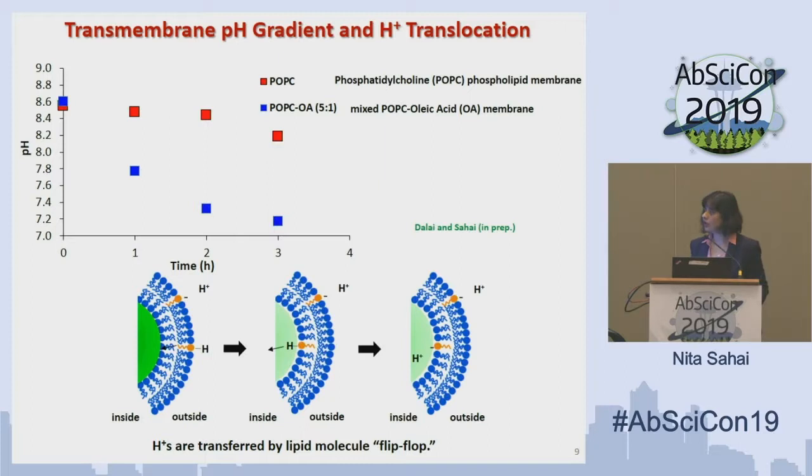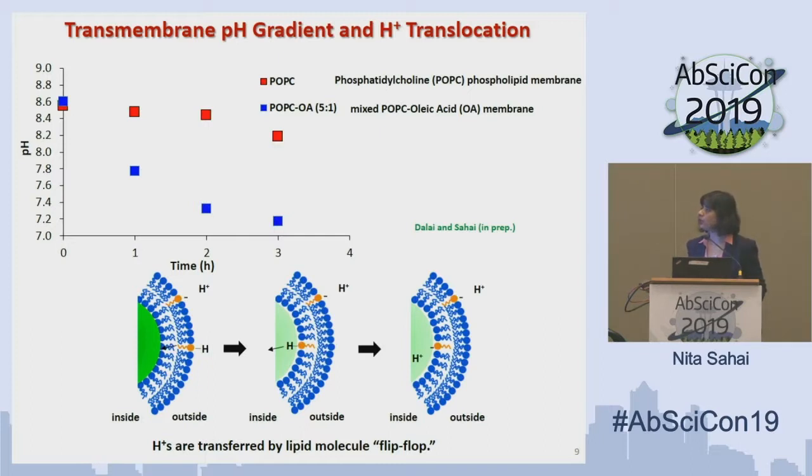What we do is we enclose this fluorescent molecule inside the vesicle, and this fluorescent molecule is sensitive to changes in pH. Over a period of 3 hours, as we irradiated our system, and as the NAD was being reduced to NADH, we saw that the fluorescence intensity inside these vesicles was changing, and by calibrating it to a pH curve, we were able to determine what was the pH inside the vesicle.